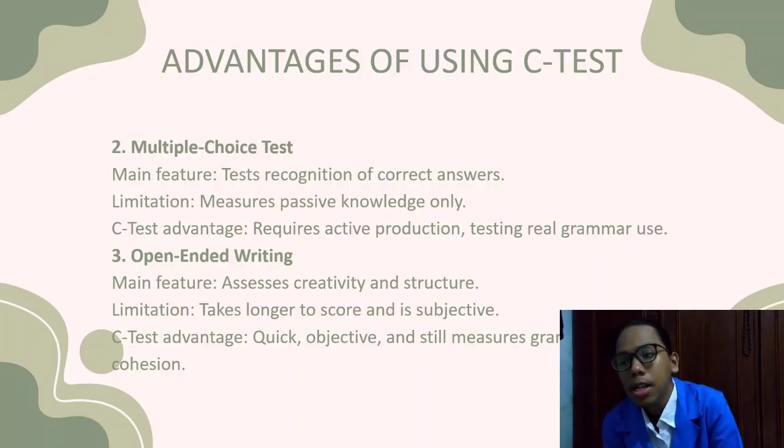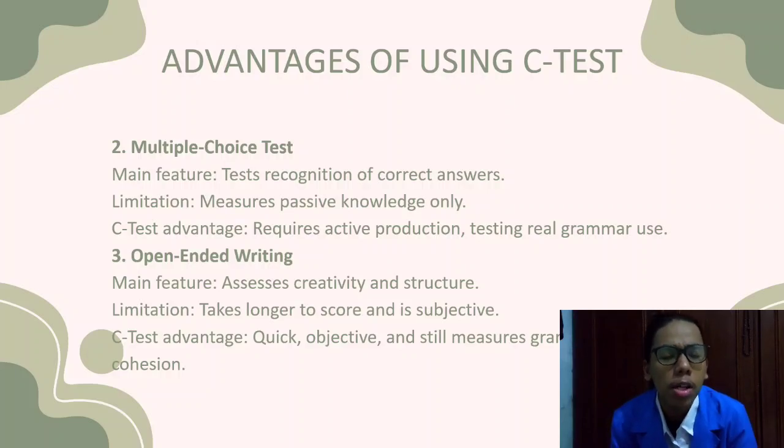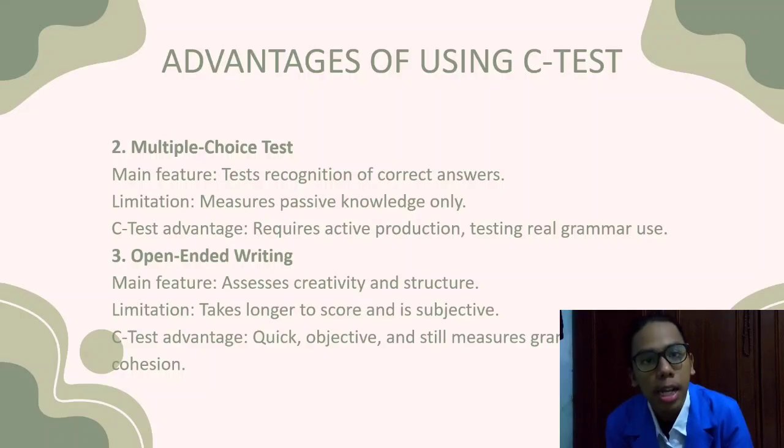And last, here's open-ended writing. It assesses creativity and structure. The limitation is that it takes longer to score and is subjective, while the C-test is quick, objective, and still measures grammar and cohesion.